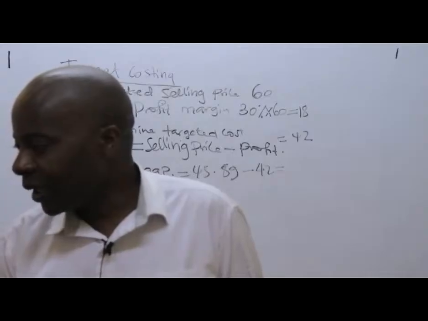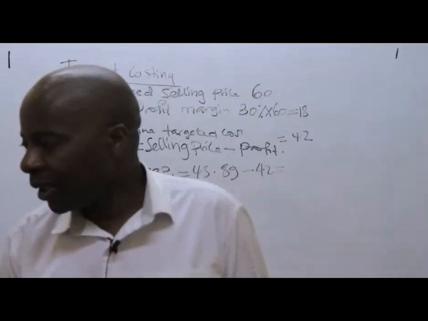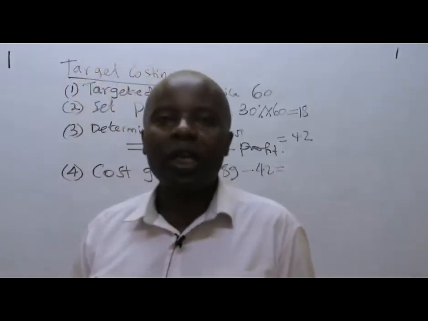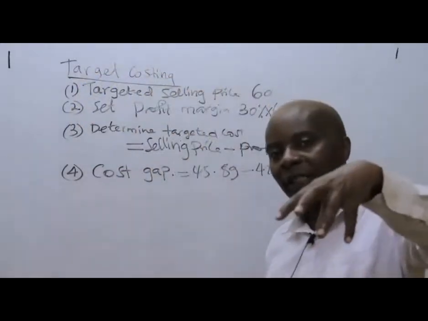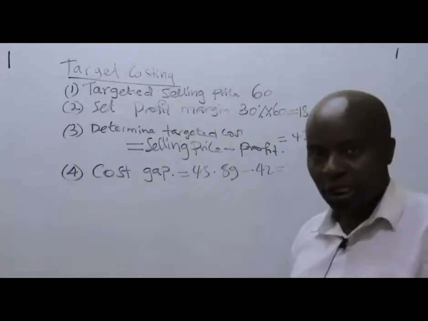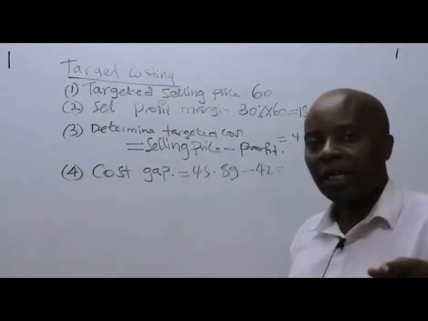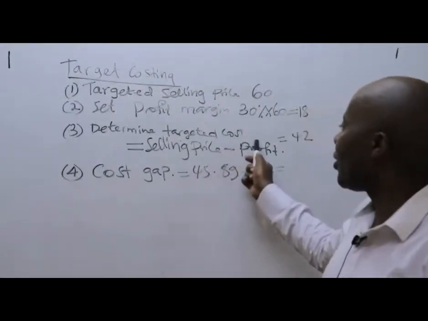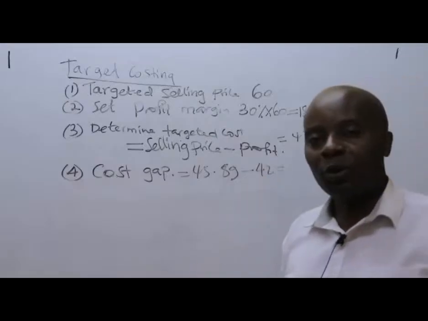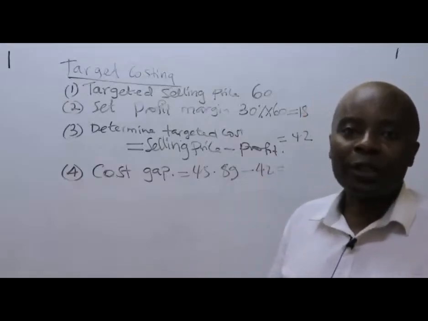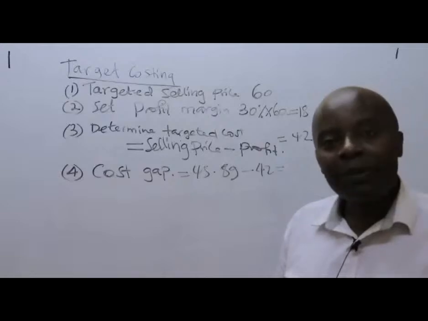So ladies and gentlemen, how do we get the gap? To get the cost gap, you take the manufacturing cost, all those costs associated with producing the product, minus the targeted cost. Cost gap is not a nice thing.